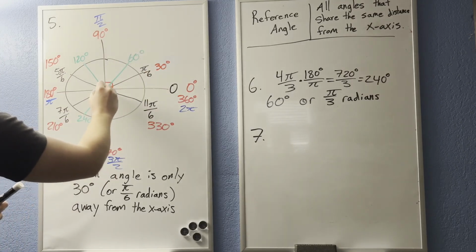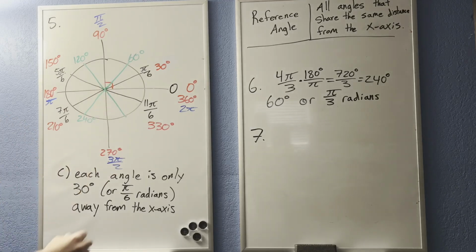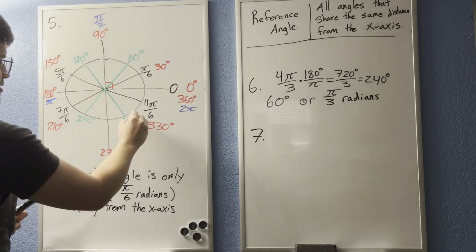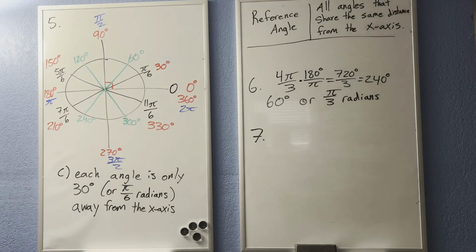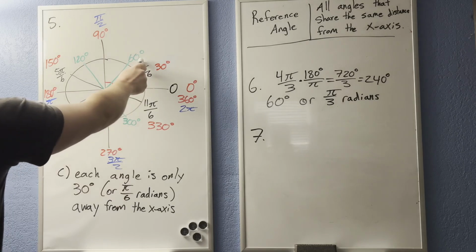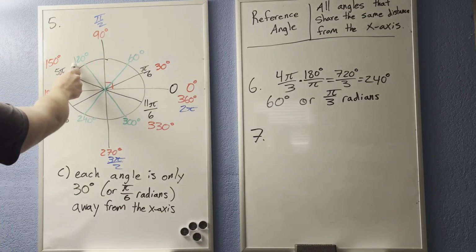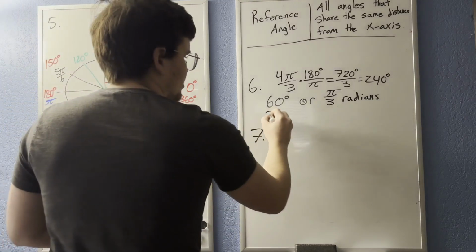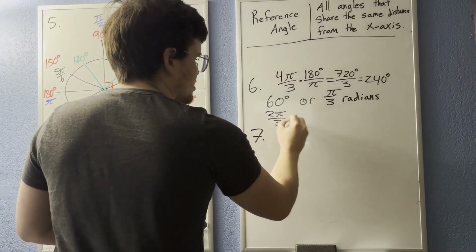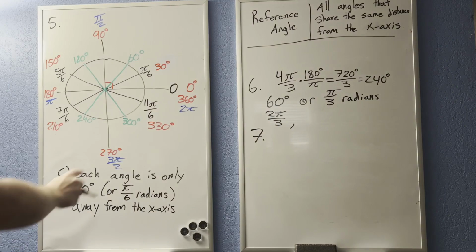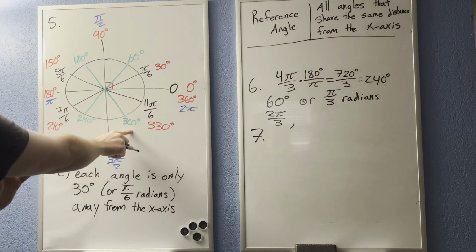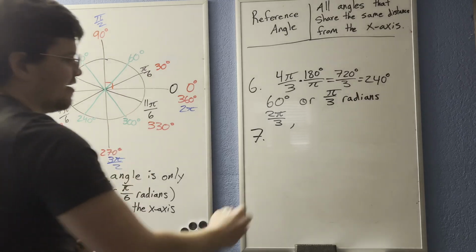There's also a 60 degrees over here at 300. Then we just need those in radians again. We have pi over 3. This one ends up being 2 pi over 3, and the one down here at 300 is going to end up being 5 pi over 3.